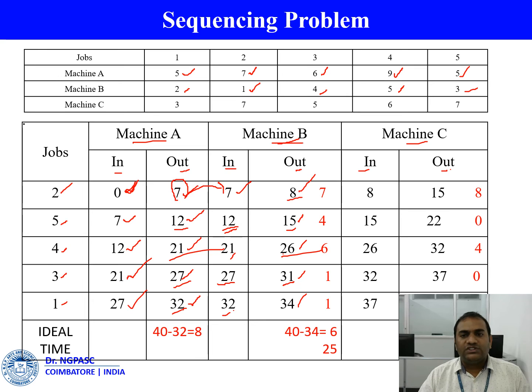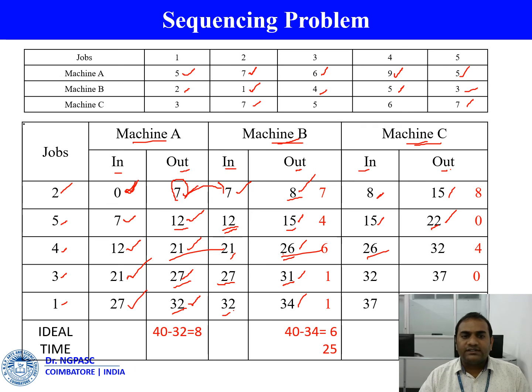Then go to machine C. The time in value is 8. The processing time for job 2 in machine C is 7. So 8 plus 7 is 15, and write 15 here. In job 5 the processing time is 7. So 15 plus 7 is 22. Comparing 22 and 26, the greatest value is 26, and enter it in the time in value.